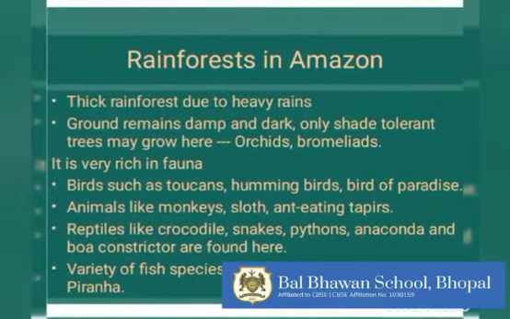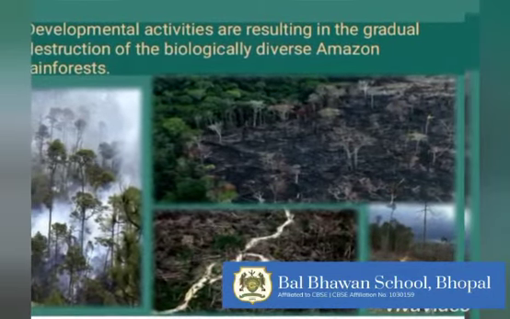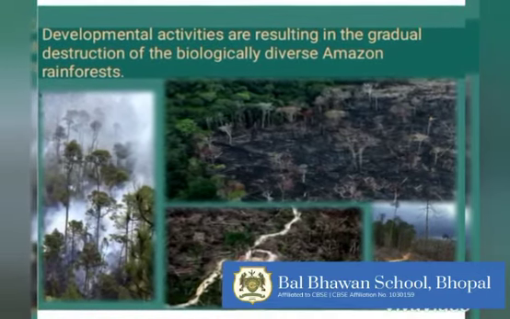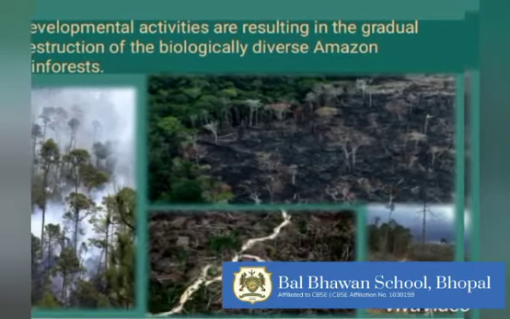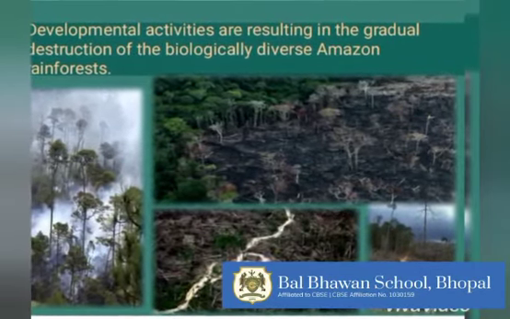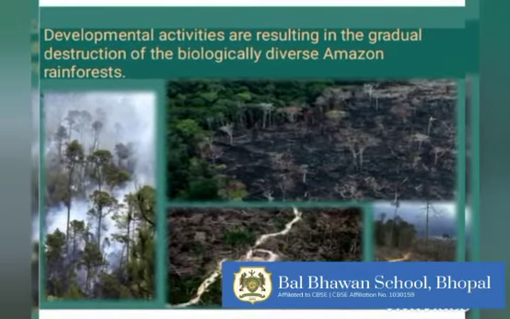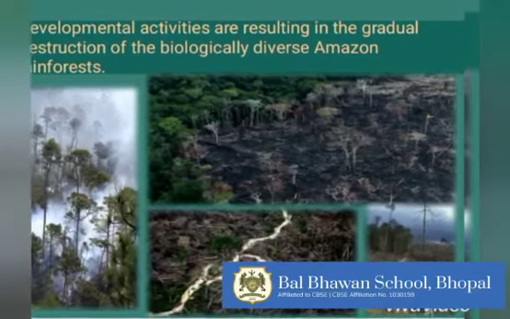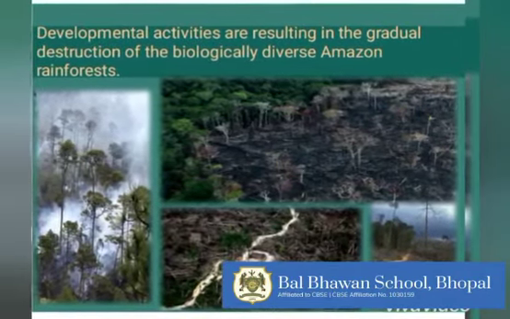Vegetation and wildlife in the Amazon Basin. The hot and wet climate in the Amazon Basin supports thick evergreen forests. The Amazon rainforests are the largest in the world. They are characterized by tall trees and luxuriant foliage. The trees grow so close together that the leaves almost form a roof over the forest, which does not allow sunlight to pass through.